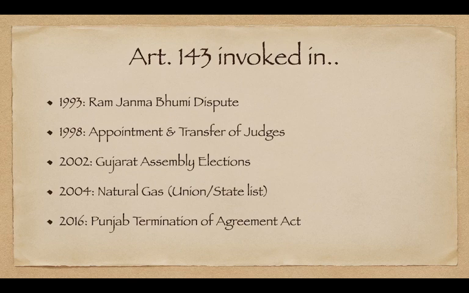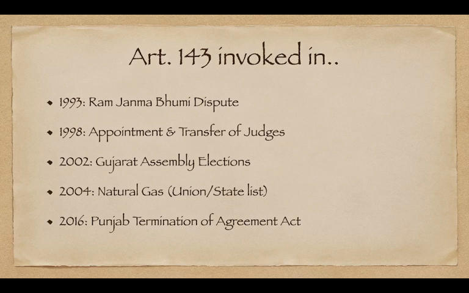This was a question of whether natural gas can be legislated upon by the Parliament exclusively as per the Union list or by the state legislatures exclusively as per the state list. Quite a few interesting things under discussion. The 2016 Punjab Termination of Agreement Act deals with the Satluj Yamuna Canal and the termination of agreement between Punjab and Haryana and those states regarding the sharing of those 5 rivers that give Punjab its name.